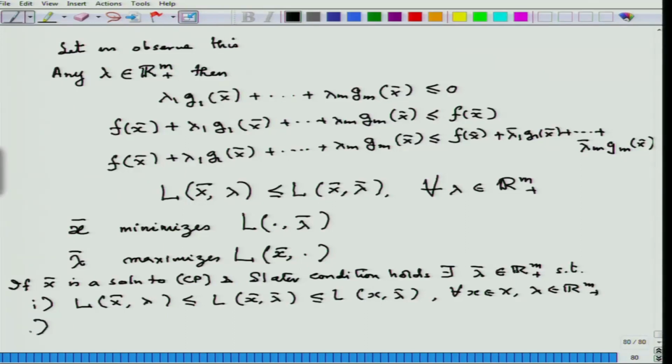And of course, we have to mention the complementary slackness condition. So, this condition 1 is called the saddle point condition, and this is the complementary slackness condition.